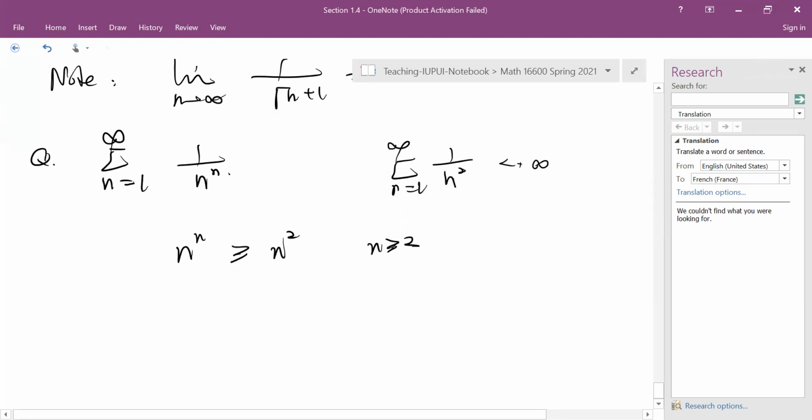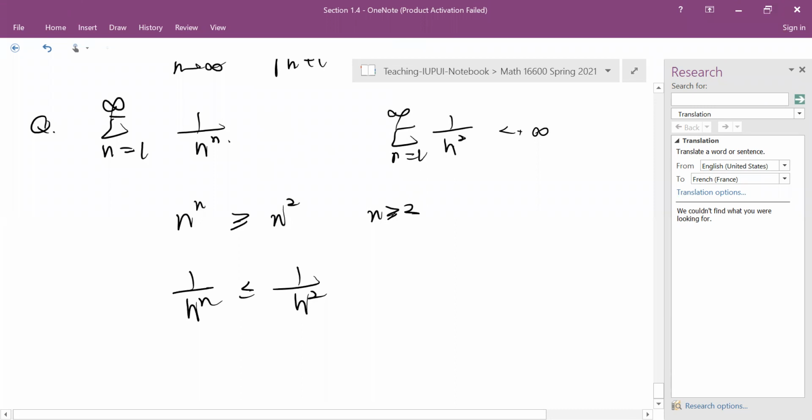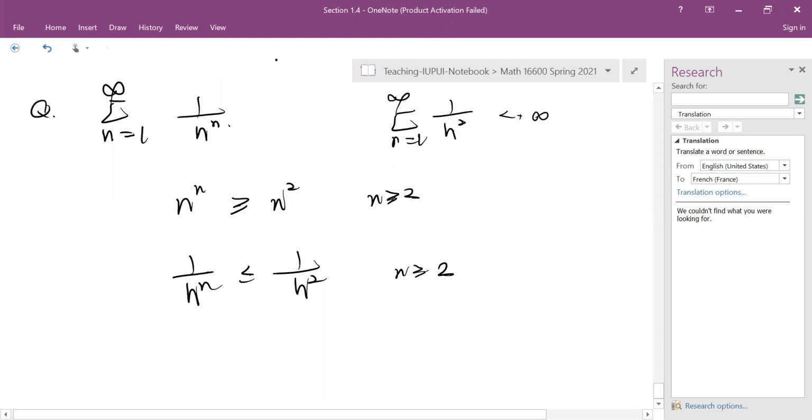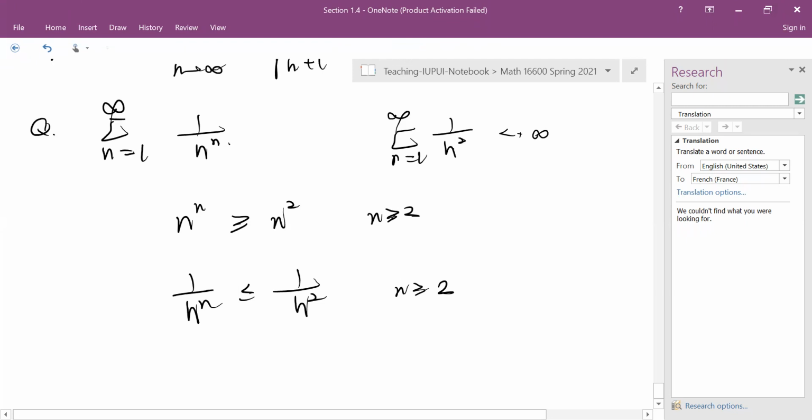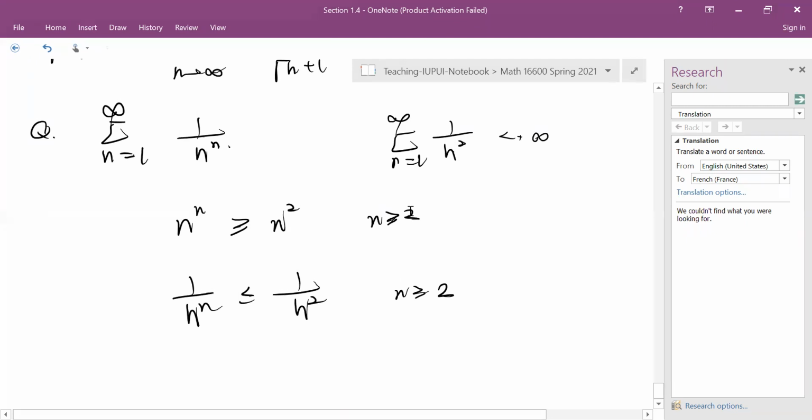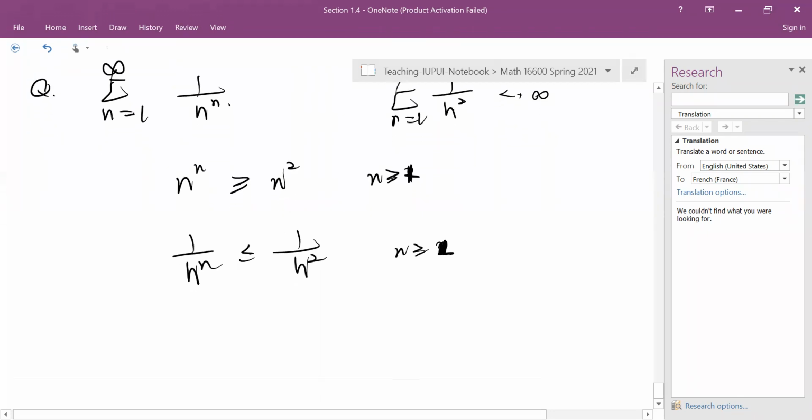Clear. So you have this, right? That holds for n greater than 2. But you also check what happens for n equals 1. I think that when n equals 1 it is the same. So I'm going to change it to 1. n equals 1 is 1 to the 1 equals 1 to the 1 squared. So this actually holds for n equal to 1.